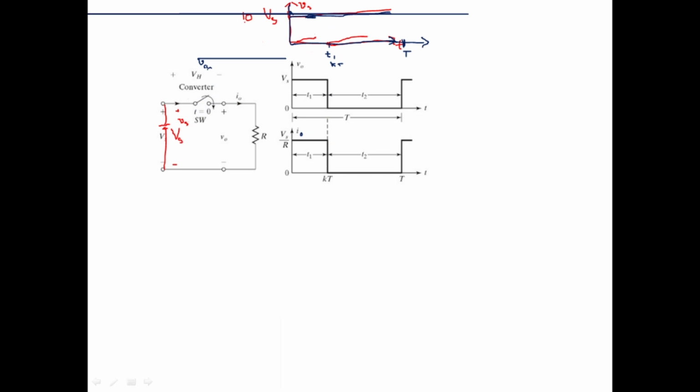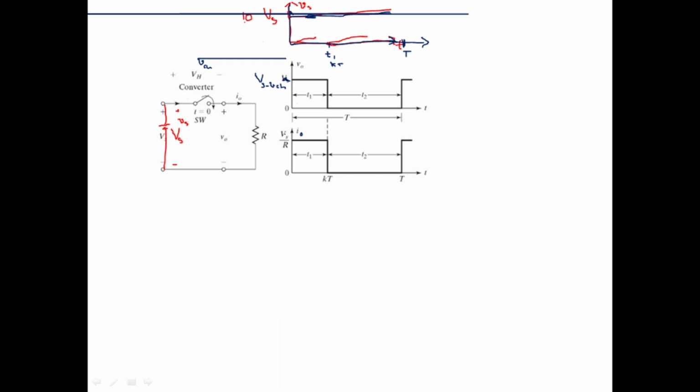If it is a 1 volt drop, V chopper becomes 1 volt. Then this is not Vs. Instead, I should write Vs minus V chopper.